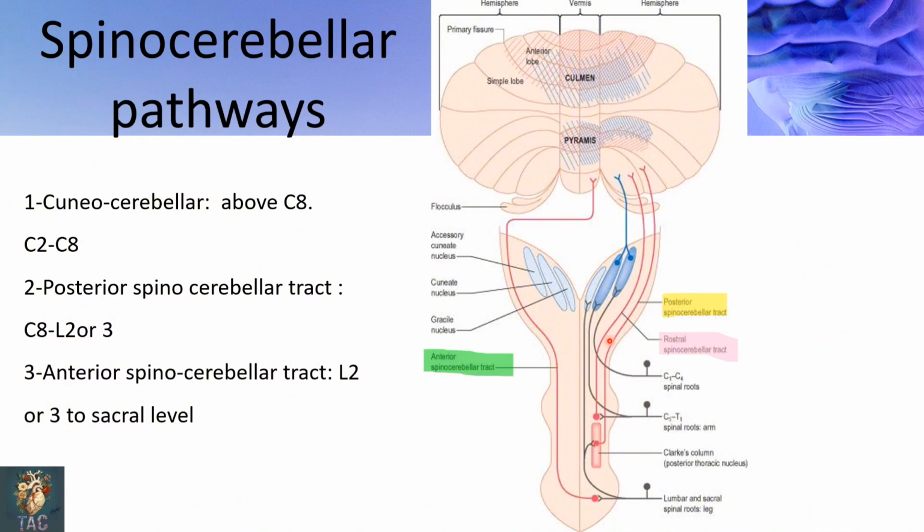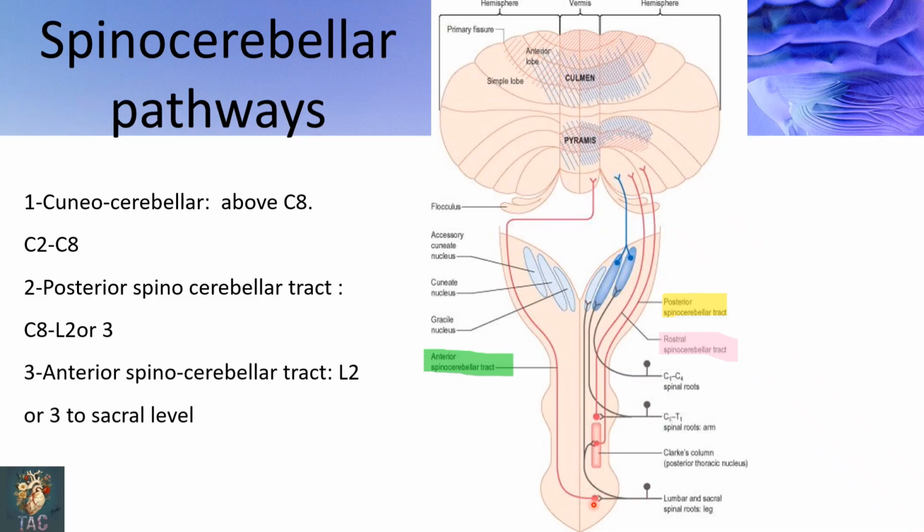This is again ipsilateral. The second order neurons are present in the dorsal nucleus of Clarke, and they ascend to the cerebellum. Then third is the anterior spinocerebellar tract, which starts from the level of L2 or L3 to the sacral levels and below. The first order neurons are present in the dorsal root ganglia, and the second order neurons are present in the spinal cord.